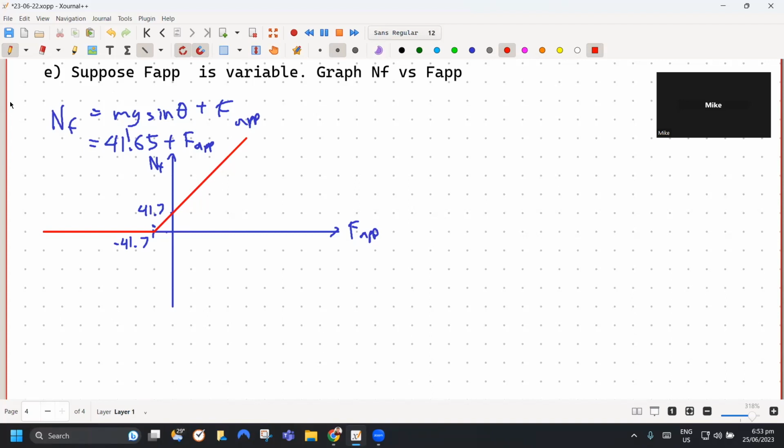Okay, so if F applied is less than negative 41.7, ano magiging motion ng object? So dapat mag-accelerate siya upward. Ngayon, panggulo yung chord. Kasi pag nag-accelerate na siya upward, magbabago yung angle ng chord eh.